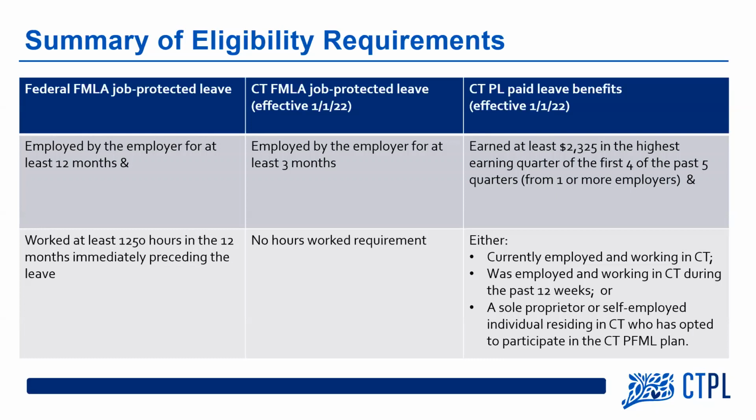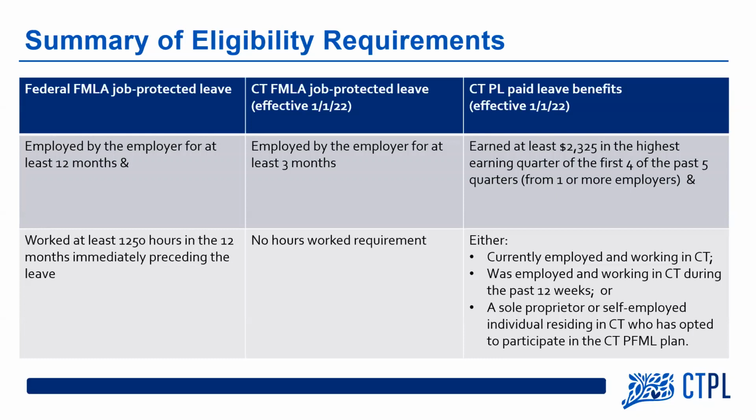For Connecticut paid leave benefits, so say someone is going out on leave, their employer establishes that they have met the requirement for 3 months of employment in order to have job protection. And now they're considering applying for Connecticut paid leave in order to have income replacement during that time away from work.